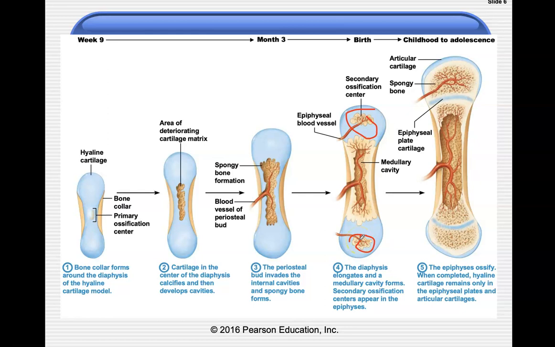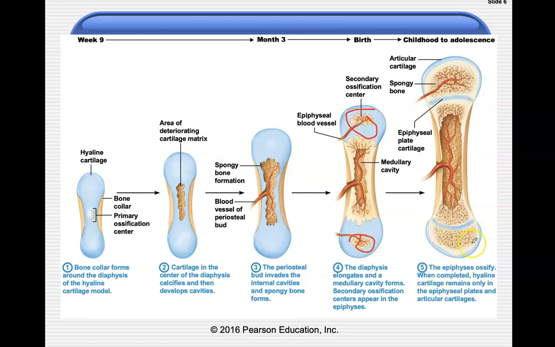And so again, that happens right around birth. And now we have an ossification center here and an ossification center here. And now what will end up happening is the diaphysis here will kind of continue to elongate, and then these secondary ossification centers will become the epiphyses, and they'll end up becoming invaded with these epiphyseal blood vessels that will again continue the ossification process in the epiphyses.